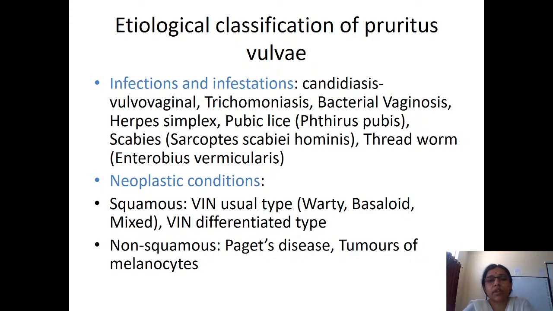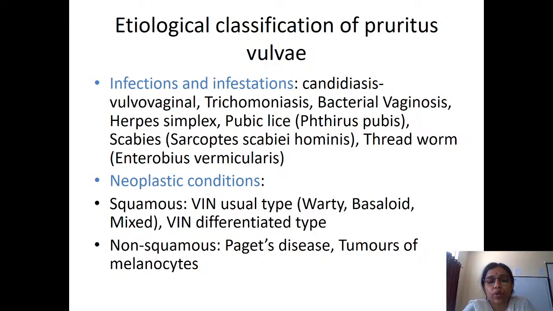So infections and infestations are the most common cause of pruritus vulvae, and even some of the neoplastic conditions can present to us with this complaint. Most of the times it is the CA vulva or even the precancerous vulval lesions, that is the squamous vulval intraepithelial neoplasia.